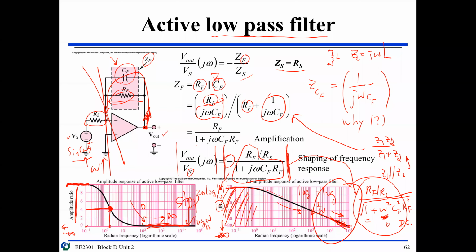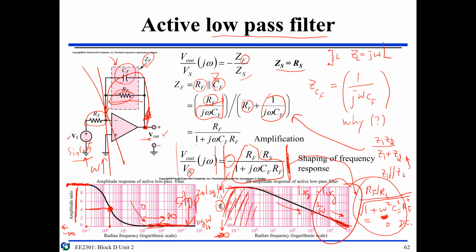It doesn't pass to V out. V out is still 0. So it's high frequency stop, but low frequency pass. Did you get it? Low frequency pass, high frequency stopped or much attenuated.